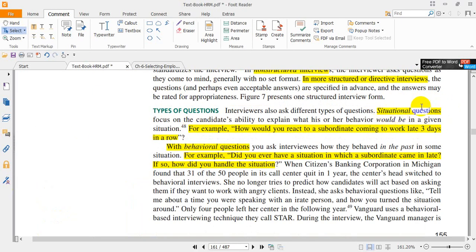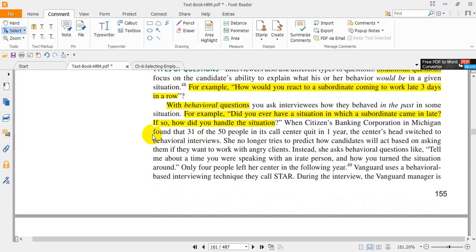Situational questions focus on the candidate's ability to explain what his or her behavior would be in a given situation. An example: how would you react to a subordinate coming to work late three days in a row? This is an example of situational questions. The types of questions are three types: situational, behavioral, and knowledge and experience questions.